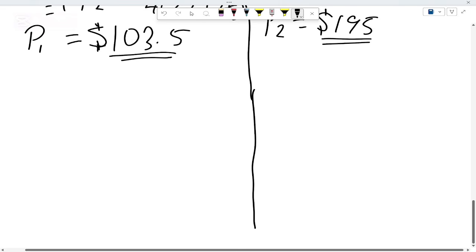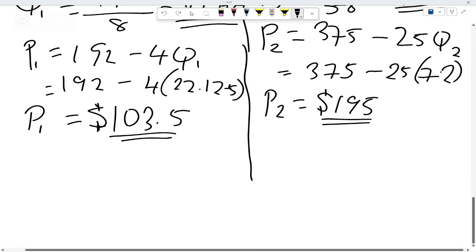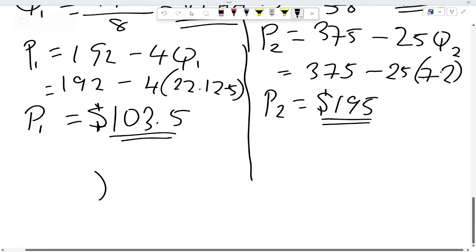Profit is given as pi, and it is the difference between the total revenue and the total cost.